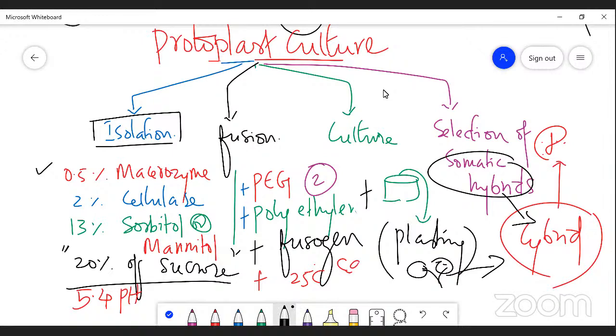So this process of producing somatic hybrids is called somatic hybridization.